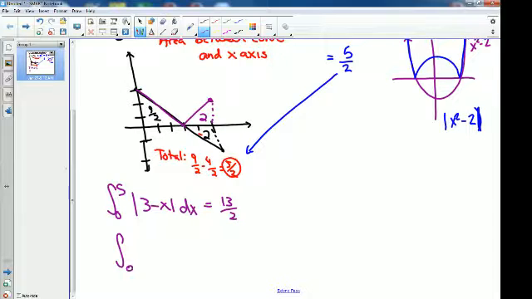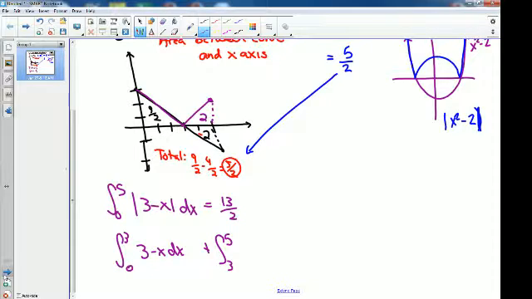So we need to go from 0 to 3 and add from 3 to 5. Zero to 3 is the original, correct? So we can just pencil that in as is.